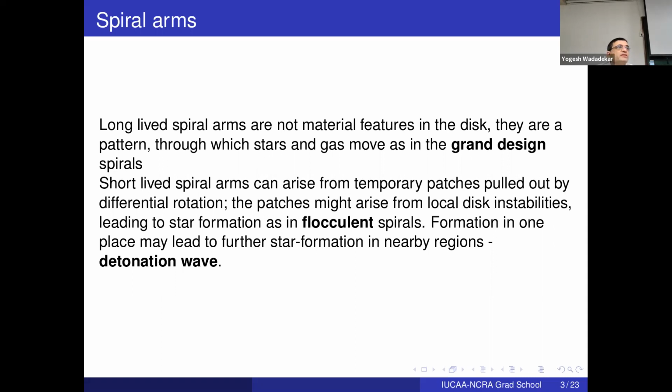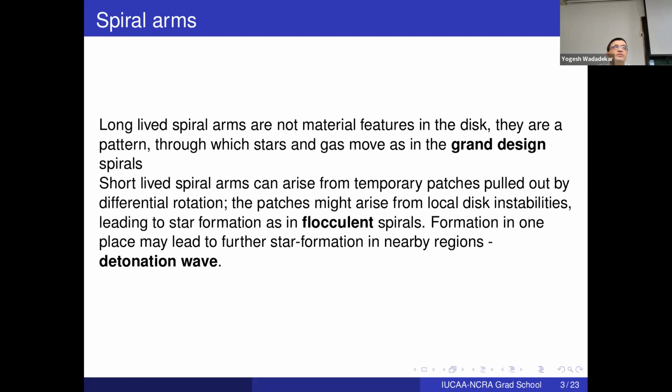In flocculent spirals, it is also believed that star formation in one place may lead to enhanced star formation in the nearby regions. So this is called a detonation wave. What happens is, the moment you have star formation in one place, in the neighborhood, it disrupts things a lot.